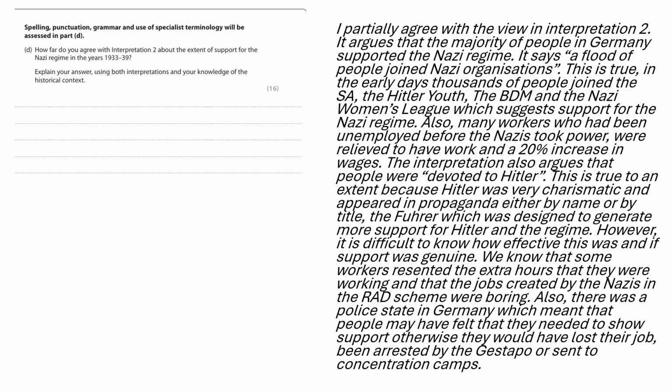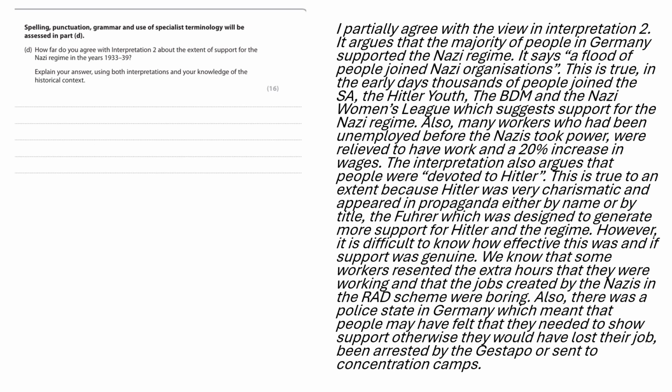It argues that... It says... This is true," adding your own knowledge. "The interpretation also argues that... This is true." And then if you can challenge it, "However," and you would write down your information to challenge it.